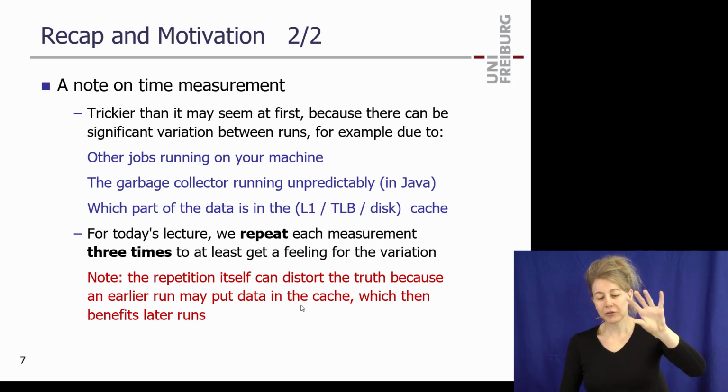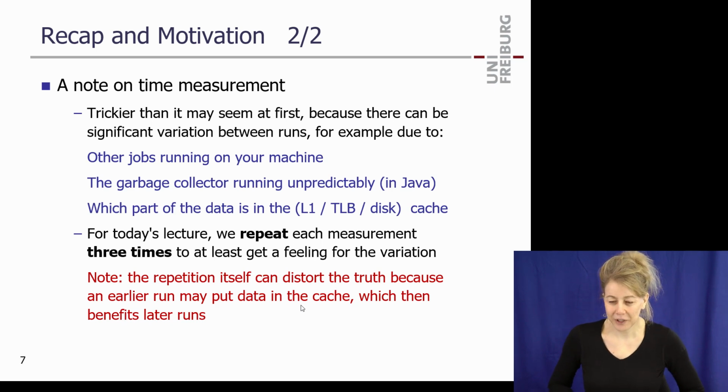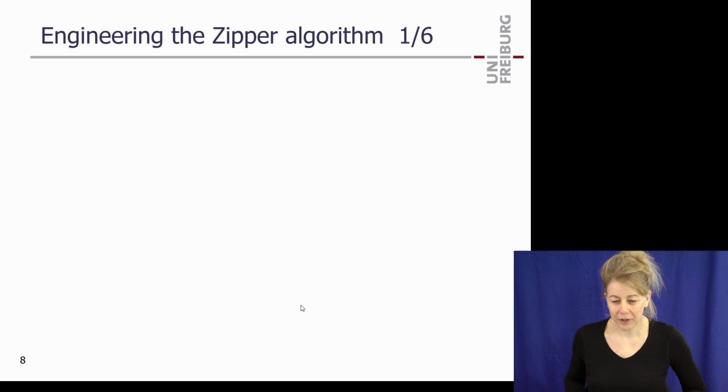By doing it the first time, now all kinds of things are in the cache, and now the second and third time might be faster because of that, but unrealistically faster. So by trying to avoid problems and repeating it, you are again creating problems. But yeah, this is just a side note: time measurement, if you want to do it scientifically correct and so that it actually says something, is quite hard.